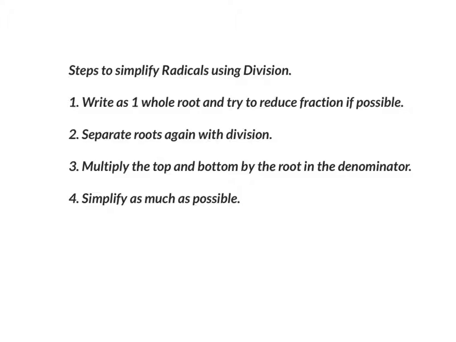So it's steps to simplify radicals using division. One of the first things you're going to want to do is be able to write one whole root to reduce the fraction if possible. For example, you might see a root that looks like this, the square root of 5 over the square root of 2.